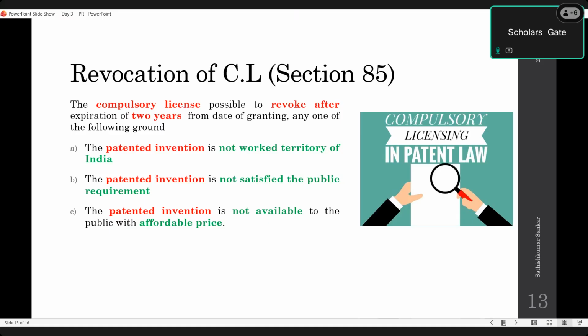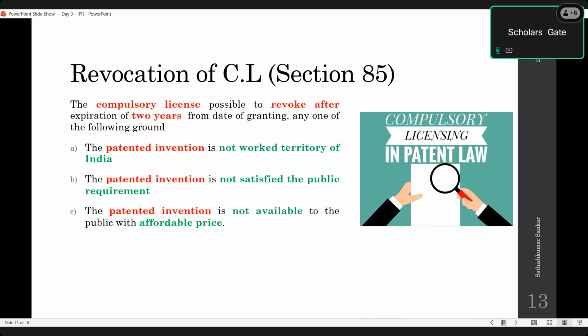Once the compulsory license is granted, within 2 years, the compulsory license owner should work the particular patent in the territory of India. Otherwise, the compulsory license is revoked.